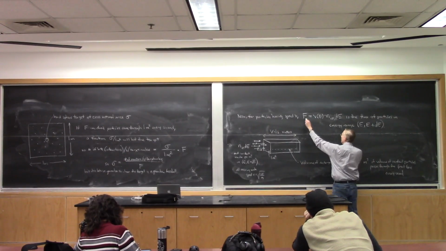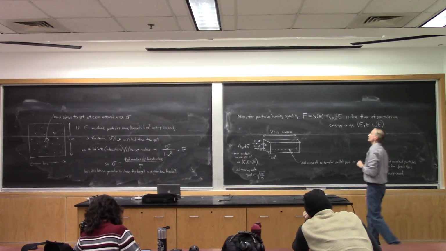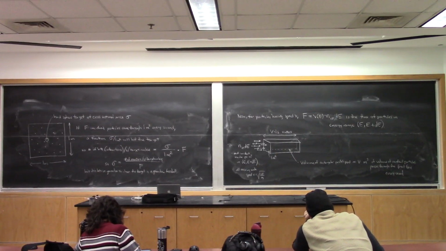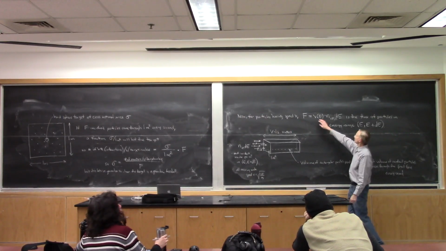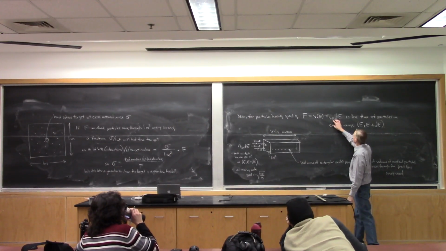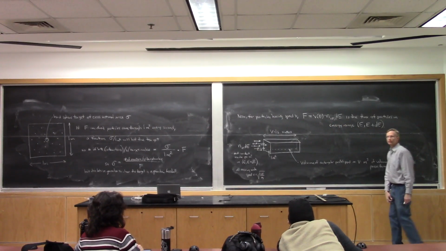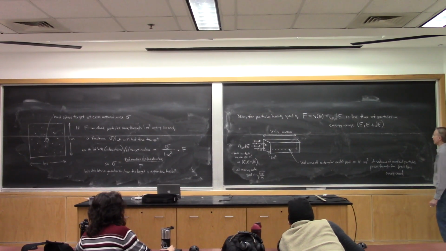And so that's why the flux, the number of particles per square meter per second, is V cubic meters every second times the number of particles per cubic meter in this little energy range.